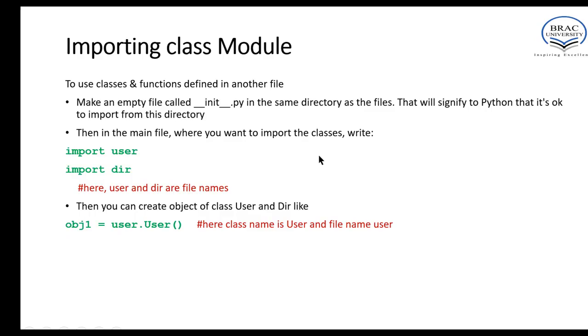To do that, make an empty file called init.py in the same directory as the other files, which signifies to Python that it's okay to import from the directory. After that, in the main file where you want to import the other classes, you just need to write import user, import dir. Here, user and dir are the file names of your class files.